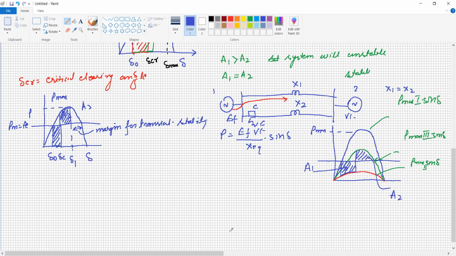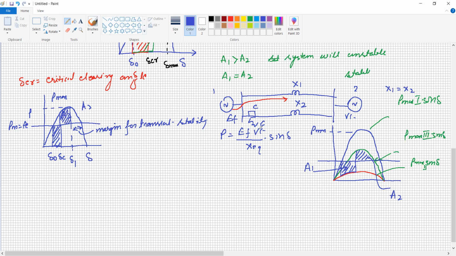Now see here, again the areas A1 and A2 are very close to each other. The system may come out of synchronism because it does not reach its maximum value, isn't it? Or the area A2 may be smaller and the system will be unstable.